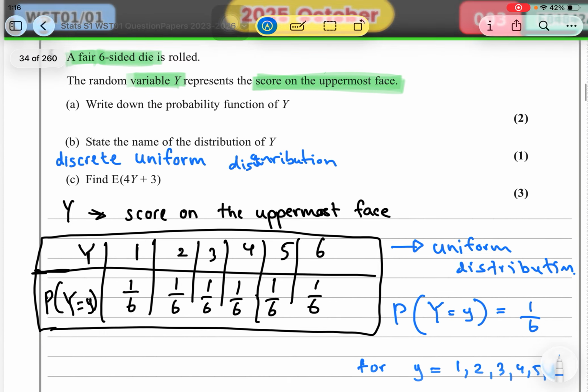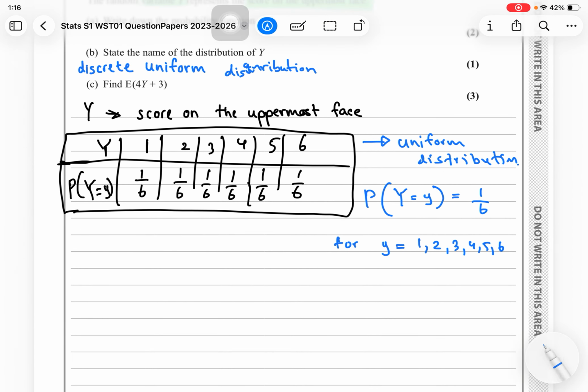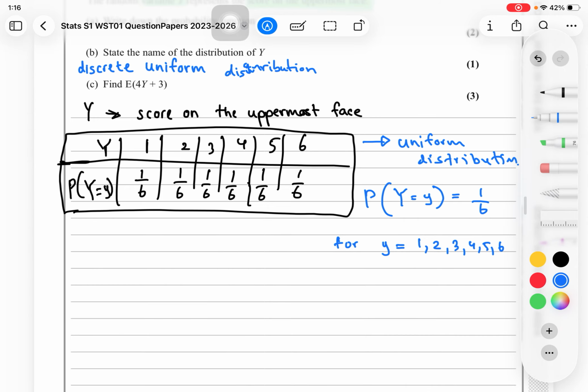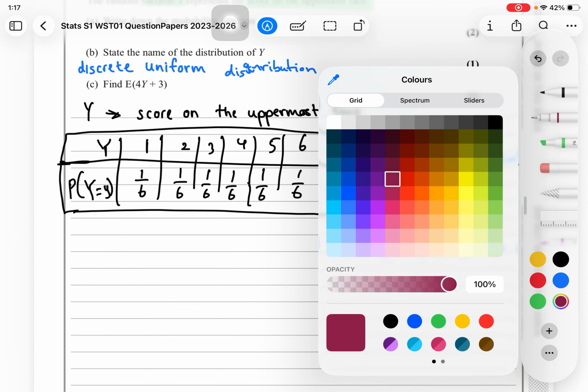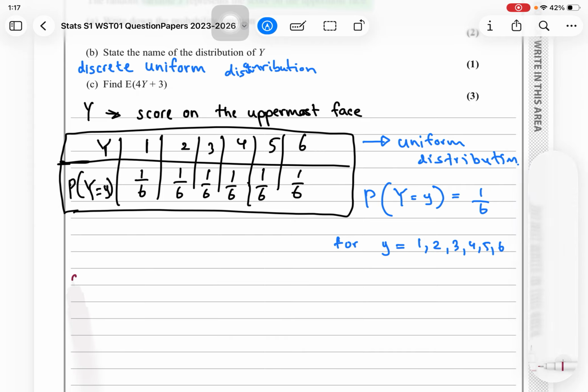Okay, now let's go to question number C. In question C, what they are saying is to find E(4Y + 3).